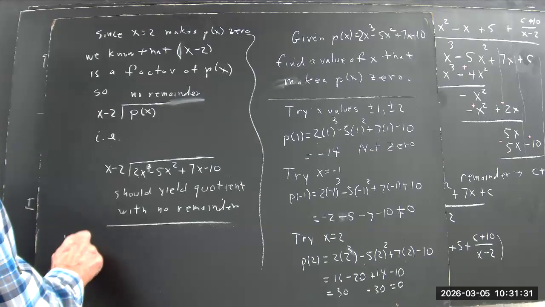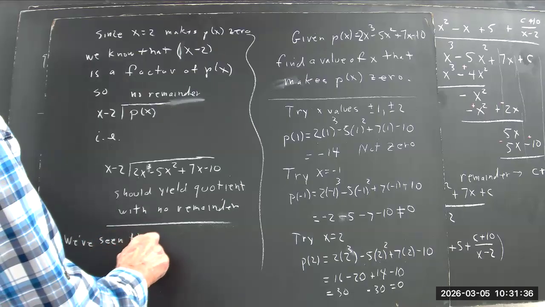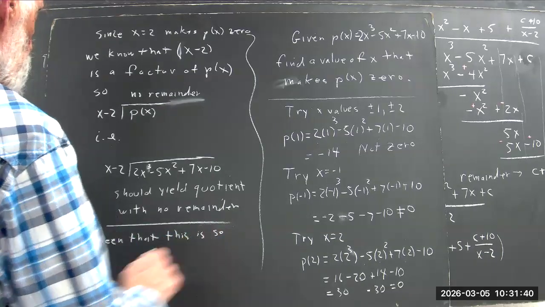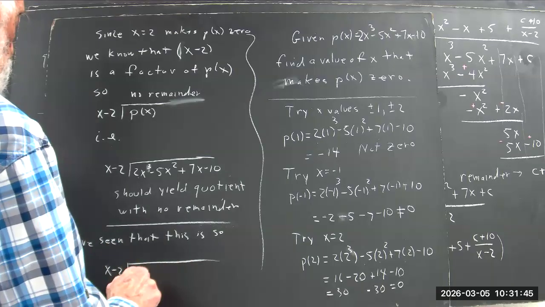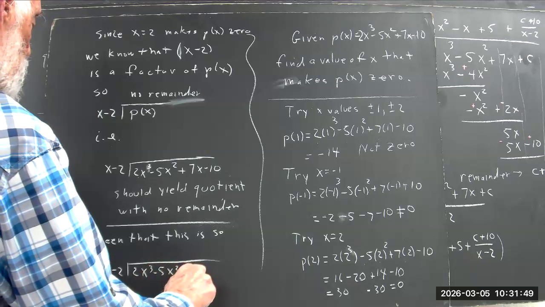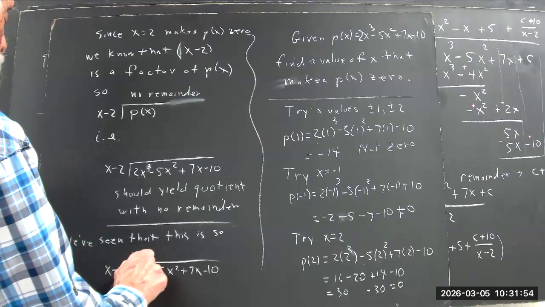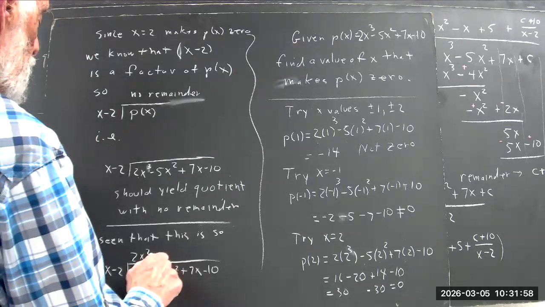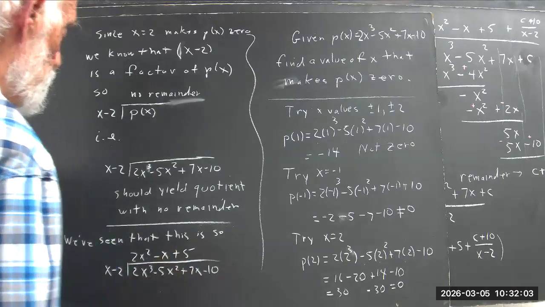Well, saying that this is so, x minus 2 divided into 2x cubed minus 5x squared plus 7x minus 10 gives us 2x squared, and let's make sure I get it right, minus x plus 5.